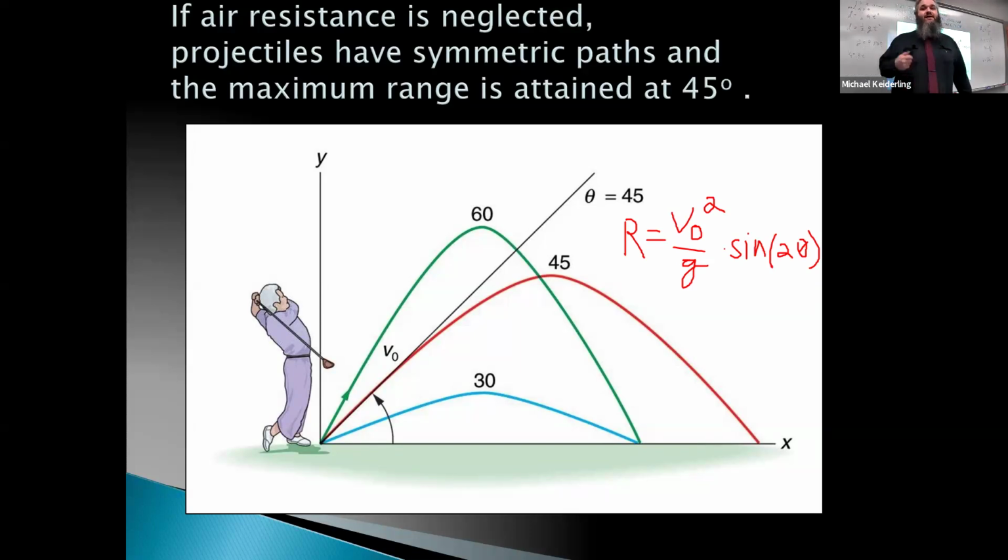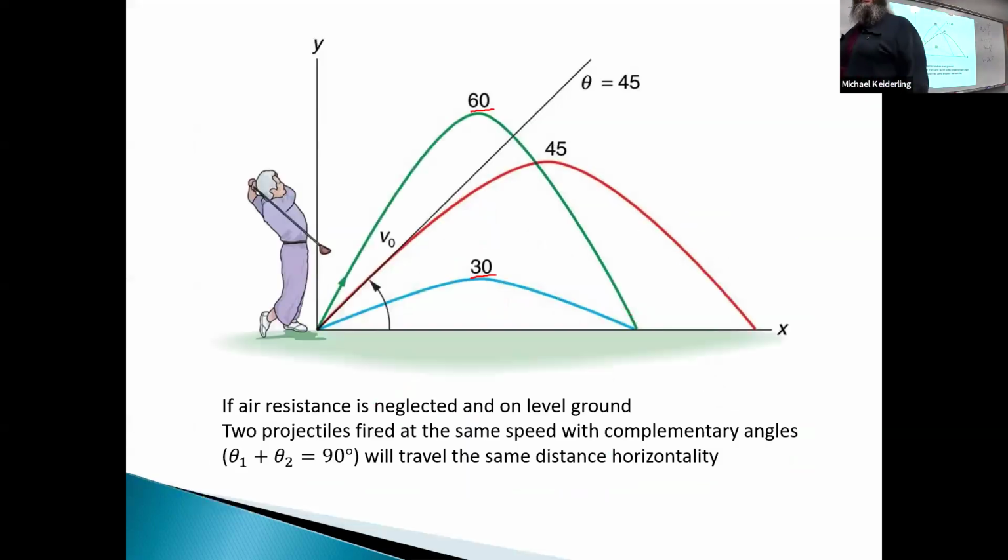What you need to know is that if air resistance is neglected and on level ground, two projectiles fired with the same speed at complementary angles, where the two angles add up to 90 degrees, will travel the same distance horizontally. And the maximum distance will be at 45 degrees. Let's say if you fire at 60 degrees or 30 degrees, both projectiles will travel the same distance.